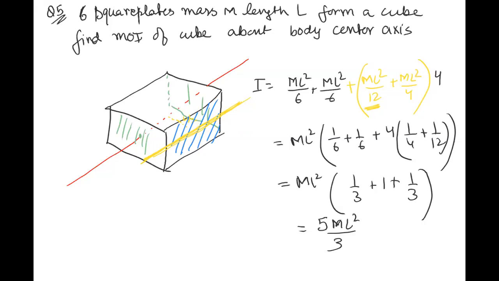Will you agree with that, Tulika? Did you understand? Then you apply the parallel axis theorem to find the moment of inertia of this side about the red axis, and then you simply multiply by 4 because there are 4 blue sides.